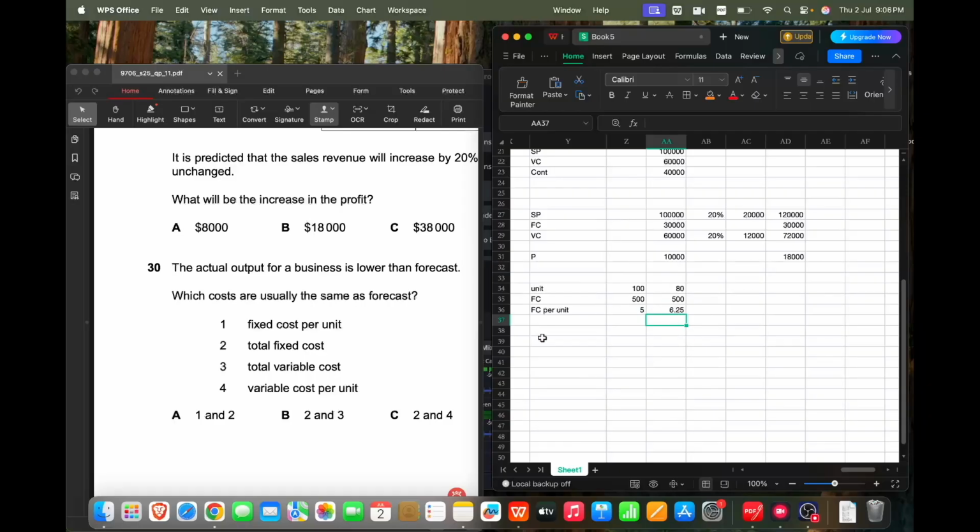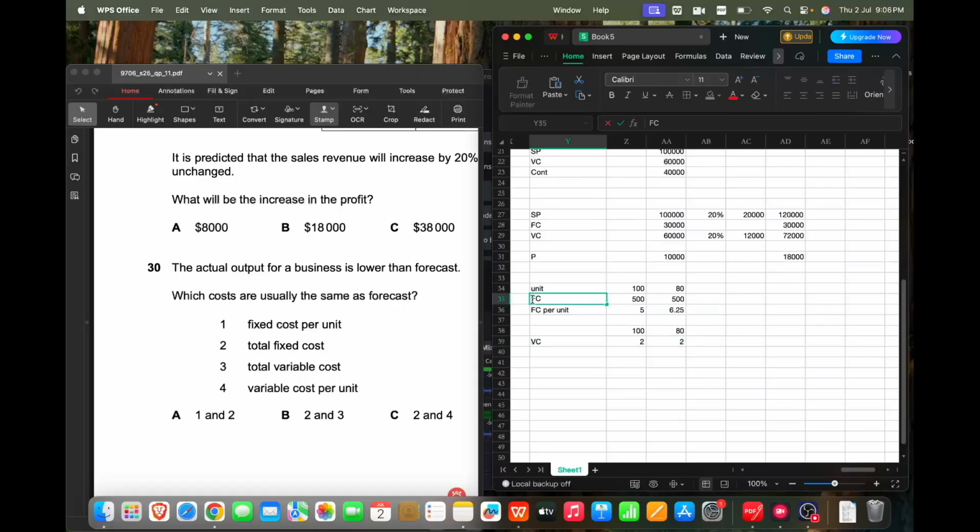And the variable cost, we know that variable cost per unit will remain the same no matter what. So if my variable cost is, let's say, $2 per unit, if I make 100 units or 80 units, the variable cost per unit will remain the same.